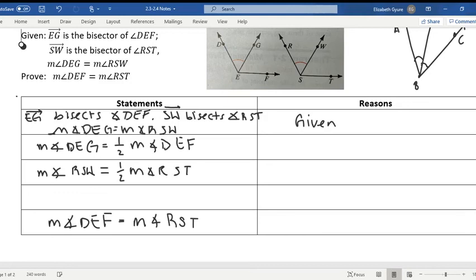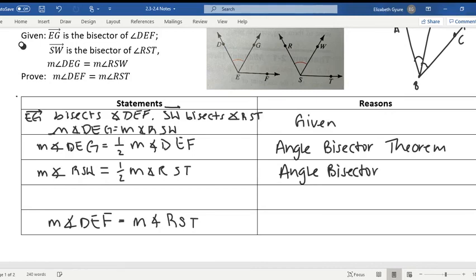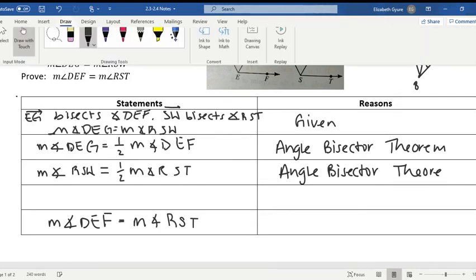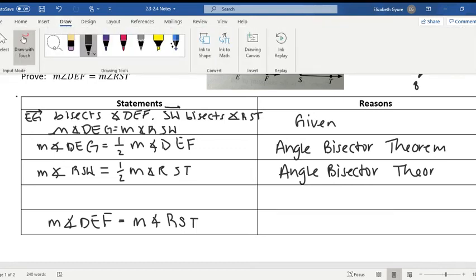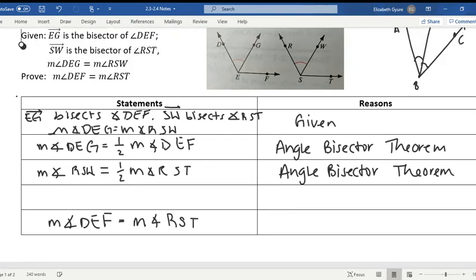And we could say that because of the angle bisector theorem, and that's for both. It's like 1/2 of my tablet is working fine, and the other half is having some sort of fit today, so I apologize.